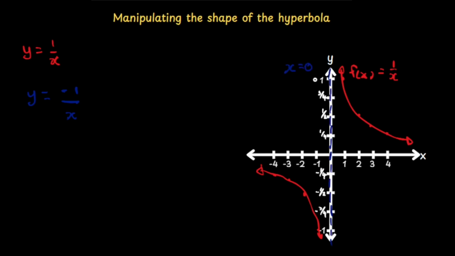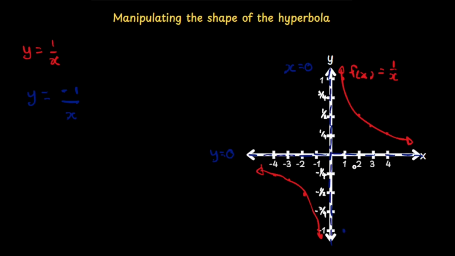So now that I know what my vertical asymptote is, I'm now going to go ahead and plot my horizontal asymptote. And the horizontal asymptote for any hyperbola that has not been shifted in any way would be the line y is equal to 0, which is our x-axis. So let's continue plotting this new function. When x is equal to 1, y would be negative 1 over 1, which would be negative 1.